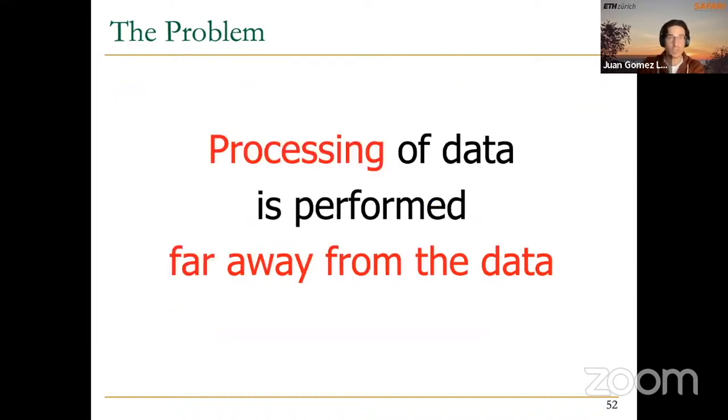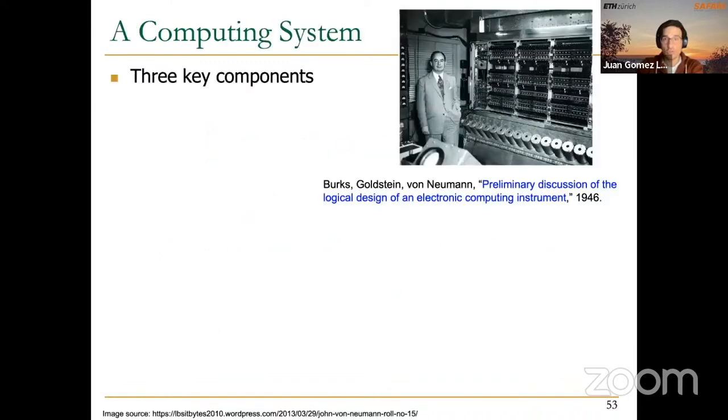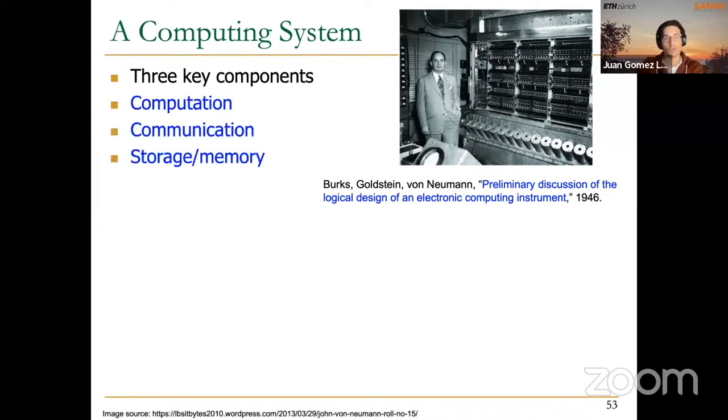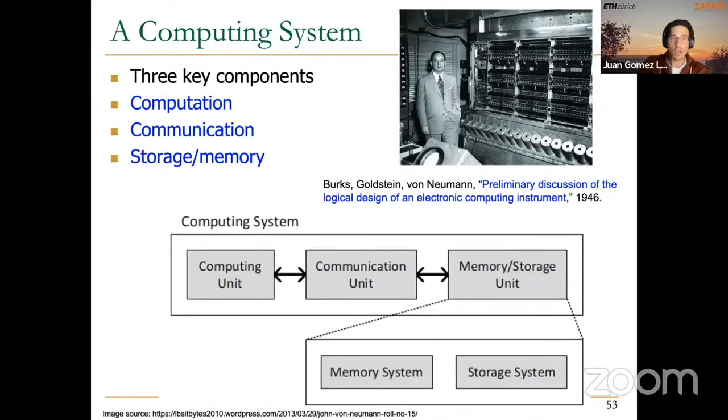And the reason is that processing of data is being performed far away from where the data resides. And the reason for that is the way that most computers have been designed and built over decades, following what we call the von Neumann model, which considers that a computing system has 3 key components: one for computation, another one for communication, and the last one for storage and memory.